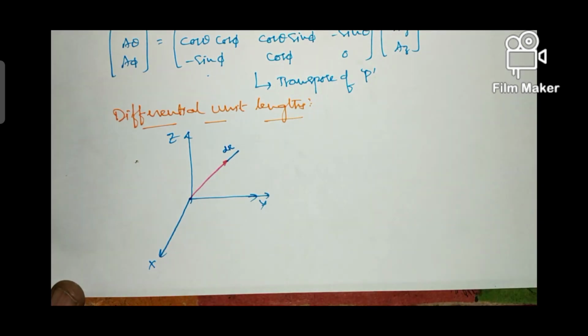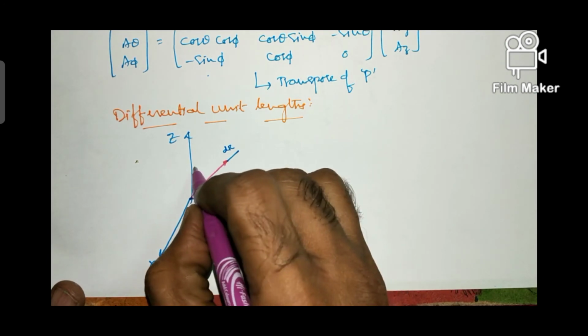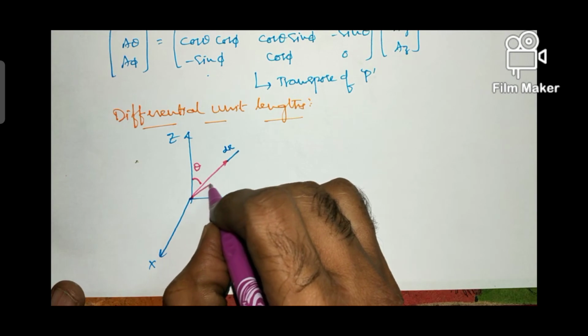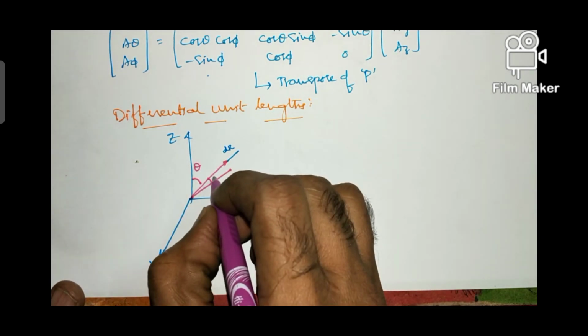Now let us consider theta from the z-axis to the radial line, and consider this differential angle d theta along theta.